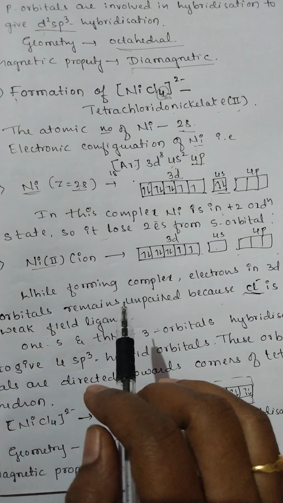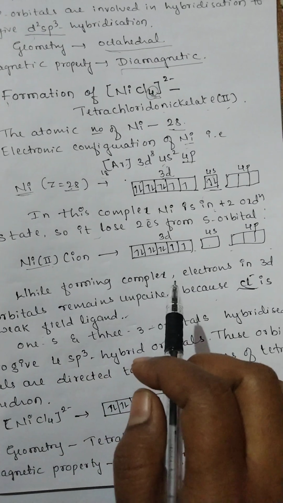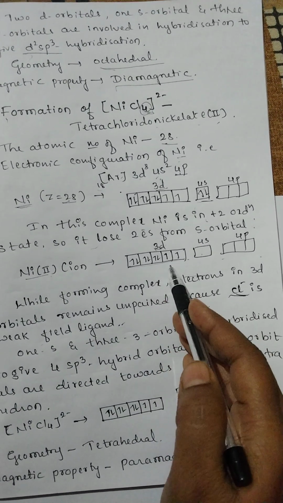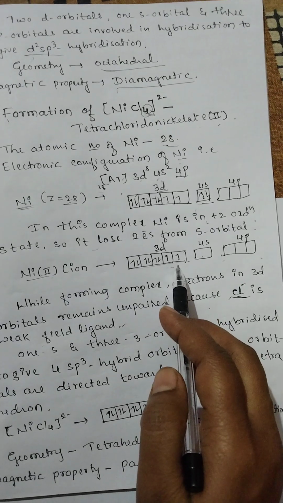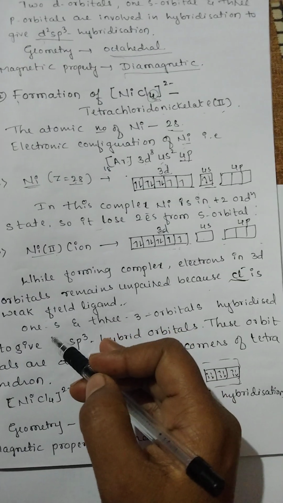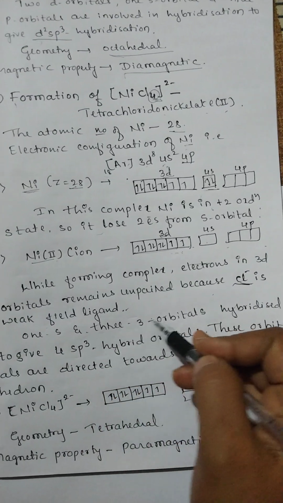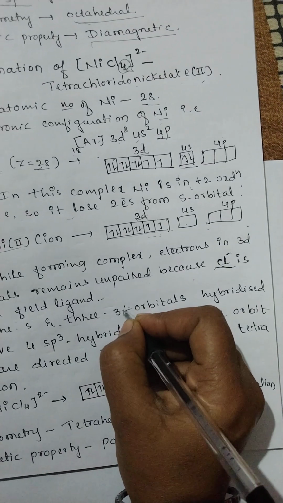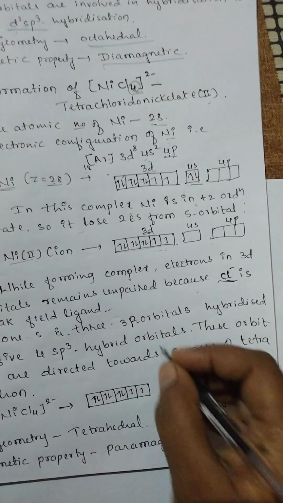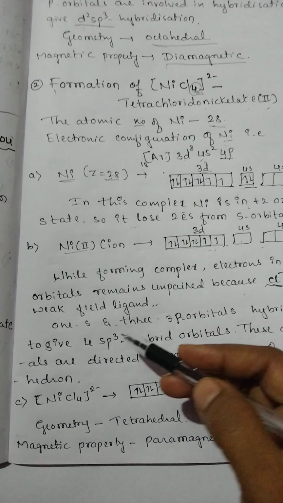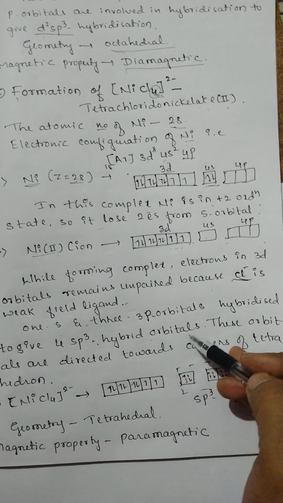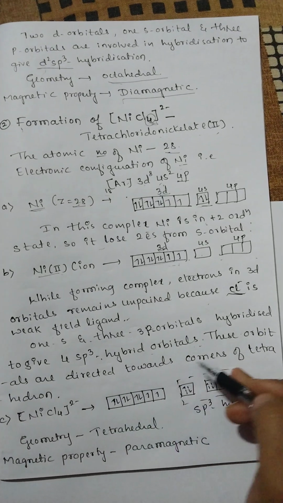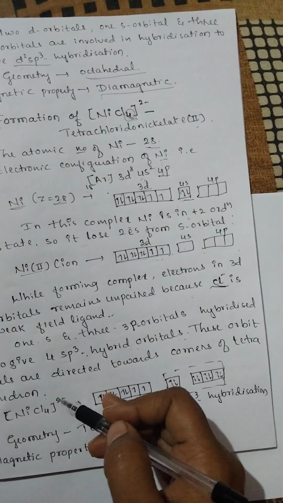Here chloride is a weak field ligand, so the unpaired electrons in the 3d orbitals remain as they are. So one s orbital and 3 p orbitals hybridize to give 4 sp3 hybrid orbitals. These orbitals are directed towards the corners of a tetrahedron.